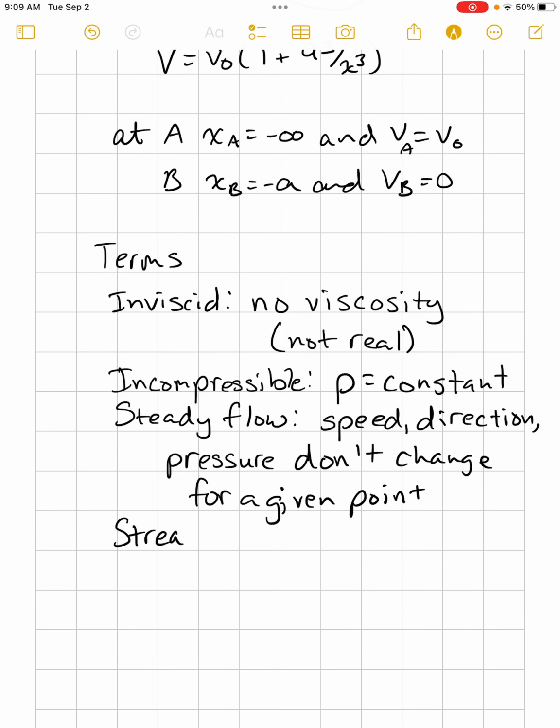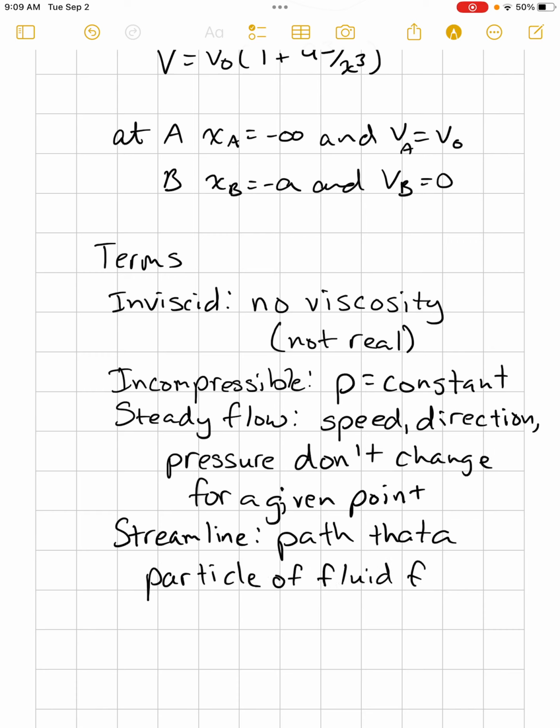And then the last term I used was a streamline, okay? A streamline is a path that a particle of fluid follows. This is really similar to electromagnetic field lines that you probably ran into in physics.